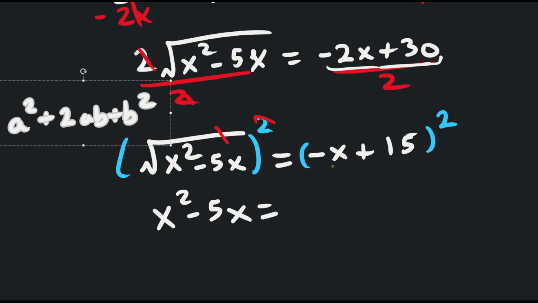So the A I'll underline in green, so that's the A. And the B I will underline in orange, so that's positive 15 is the B. So what's A squared? What is negative x squared?